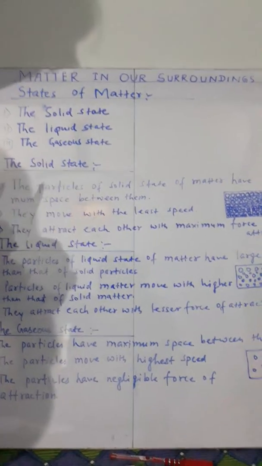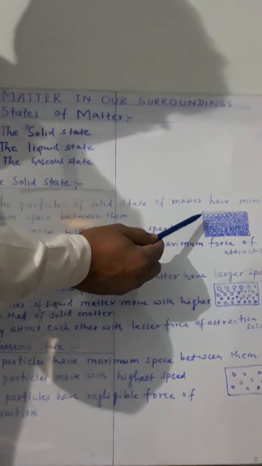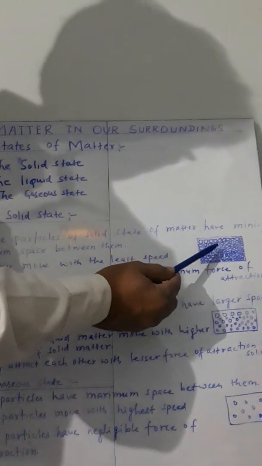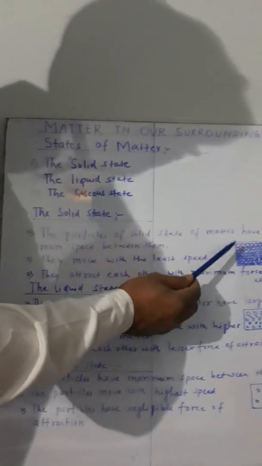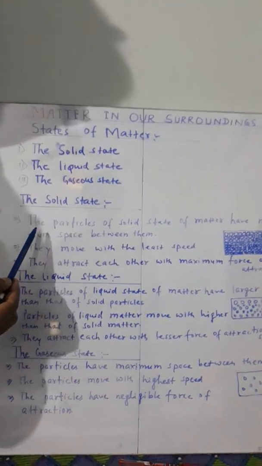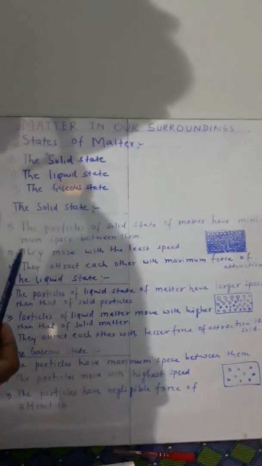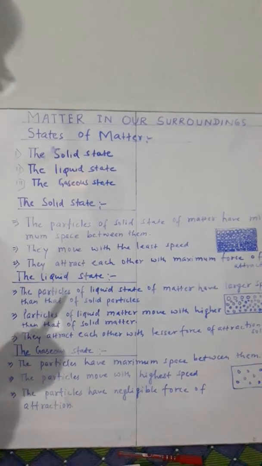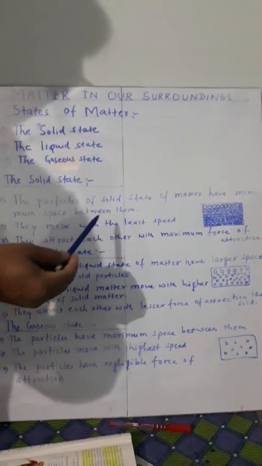As shown in this diagram, the particles are very close, meaning they have negligible space between them. That's why they have a solid shape. They move with the least speed.